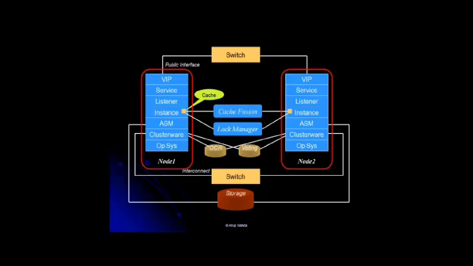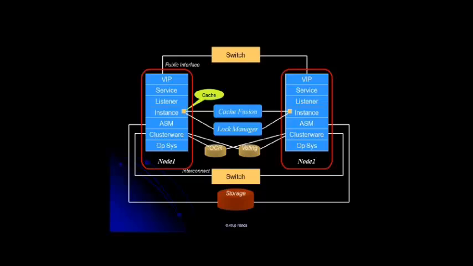Then we have a listener running on top of that, which listens to requests coming in. We have a service that is on a specific instance or not. Then we have a virtual IP address, which listens to the requests coming in and passes them to the listener. If the node is down, the virtual IP goes over to the other instance.